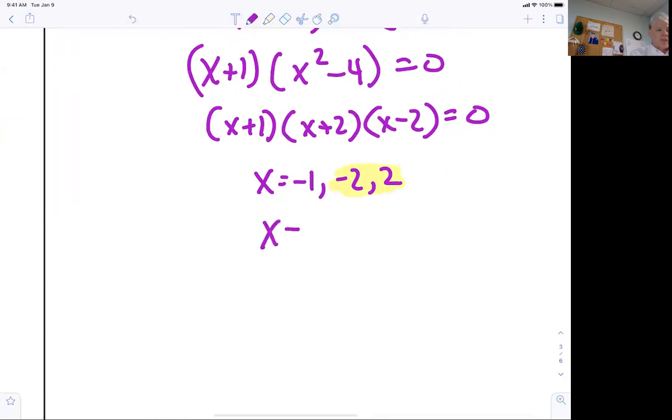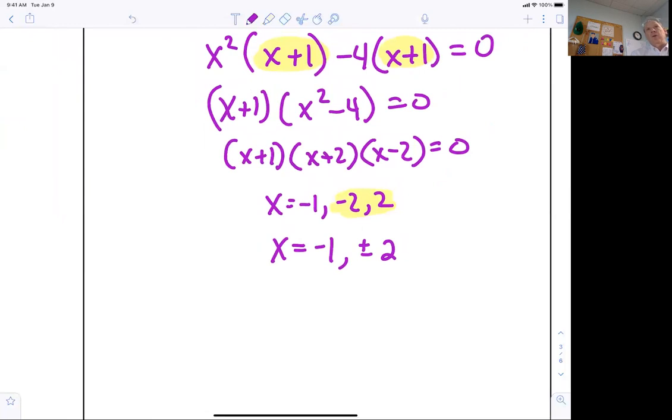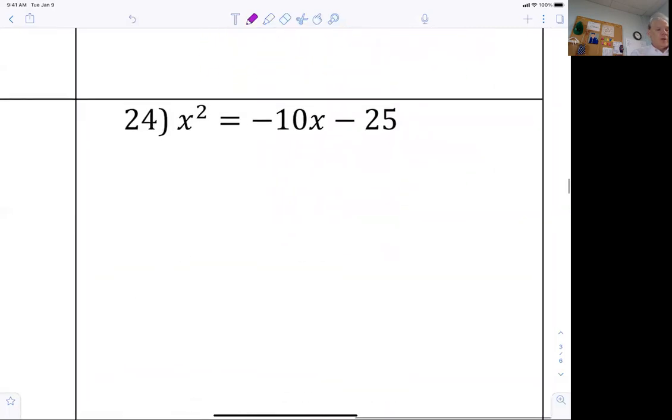We say x equals -1, plus or minus 2. That's what that symbol is. The answer could be 2 or the answer could be -2. And again, those are all 3 of the solutions. All right, very simple. Factor, set the factors equal to 0, and then solve. And that's your solution.